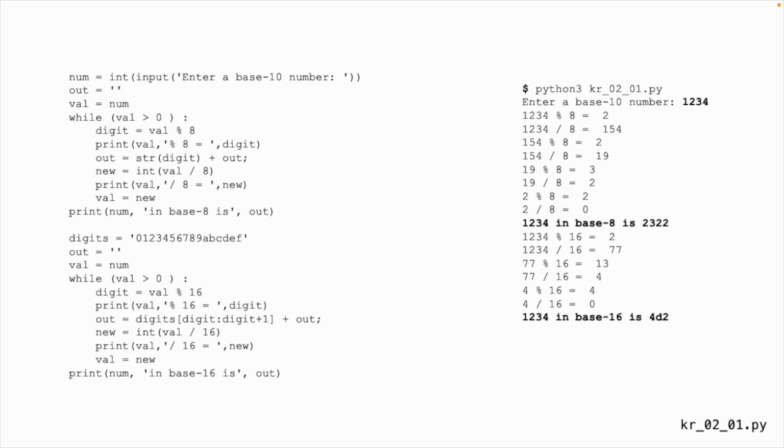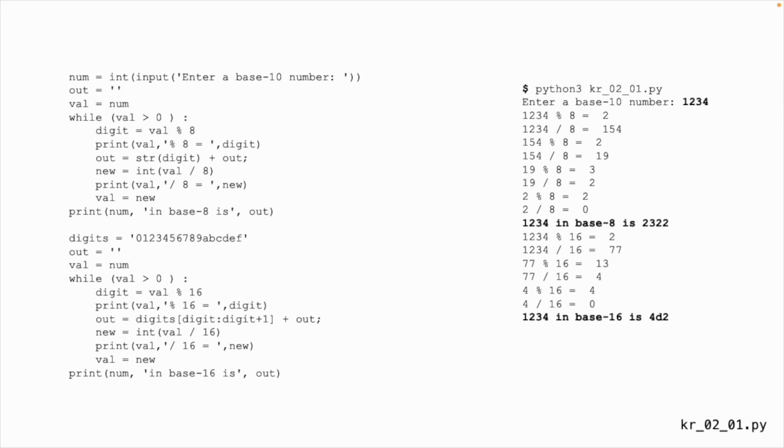So that's the far right number in the new one. And then you chop it off with integer division. You chop that off and see what's left, and that's 154. And you're accumulating the 2 in the converted number. And then you take 154 modulo 8, and you get 2. And then you chop off with integer divide by 8, and you get 19.